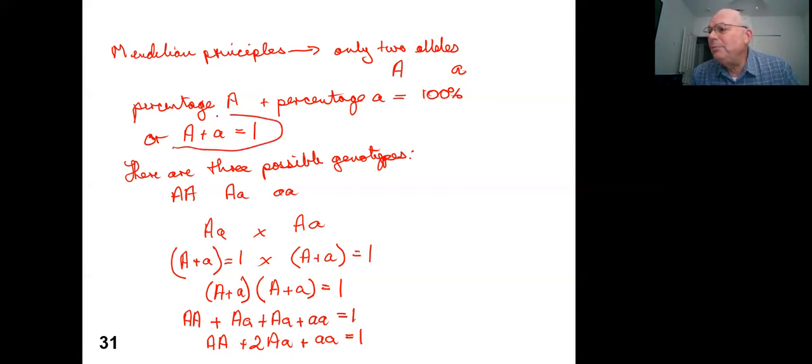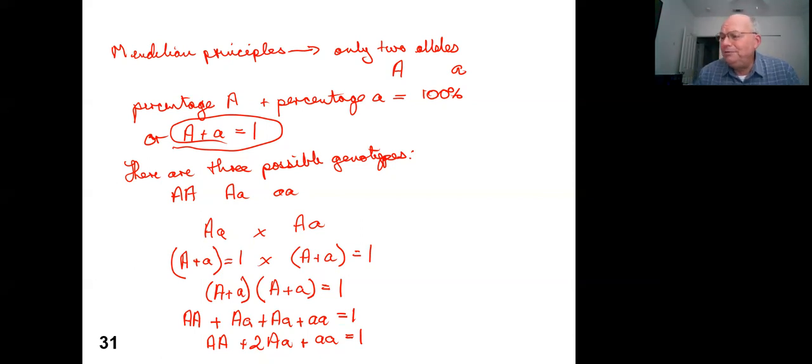Likewise, this equation up here tells us that the frequency of the 2 alleles for any particular gene must also add up to 1. And so long as we know the frequency of one allele, or we know the frequency of one of the 3 genotypes in the population, we can figure out everything else.